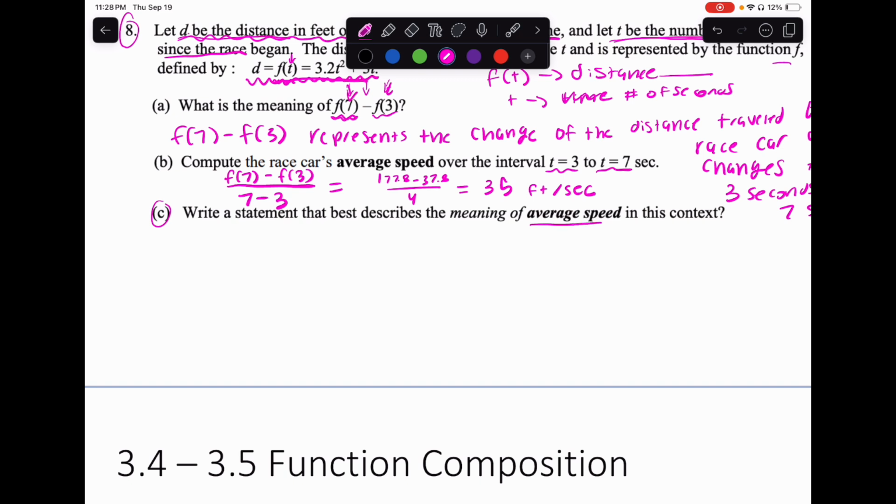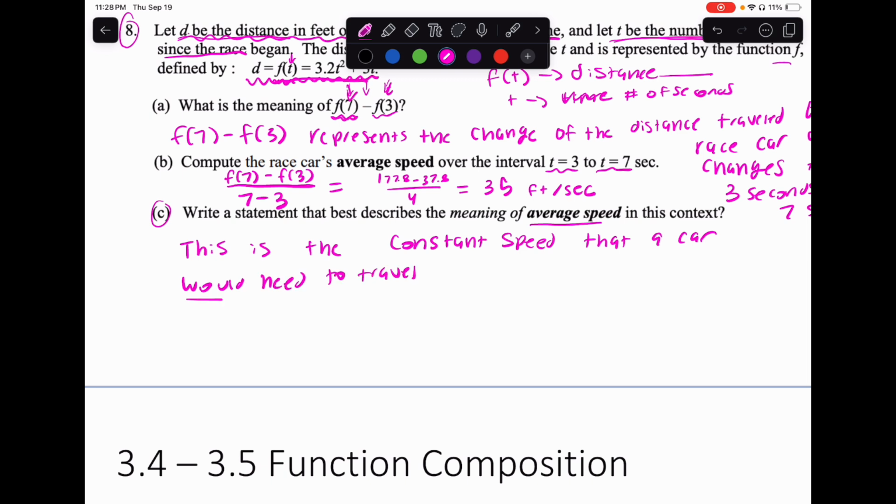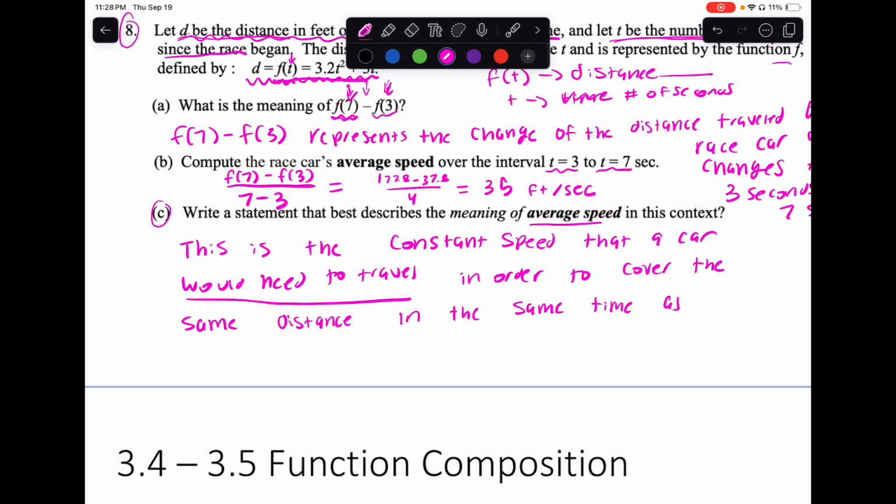The average speed here is the constant speed that a car would need to travel, I want to emphasize this, the constant speed that a car would need to travel in order to cover the same distance in the same time as the race car did.